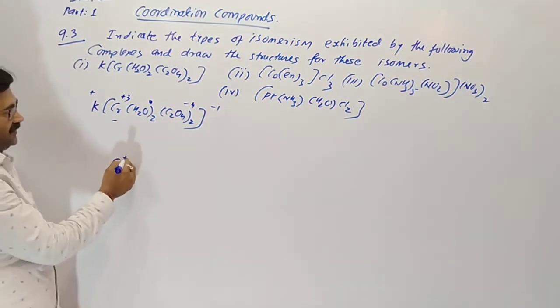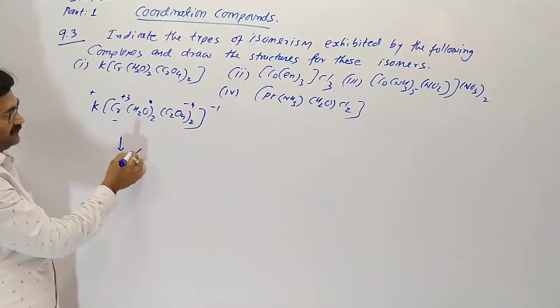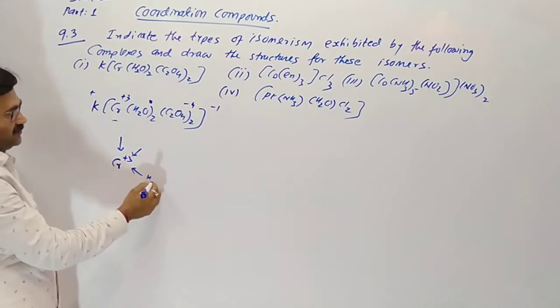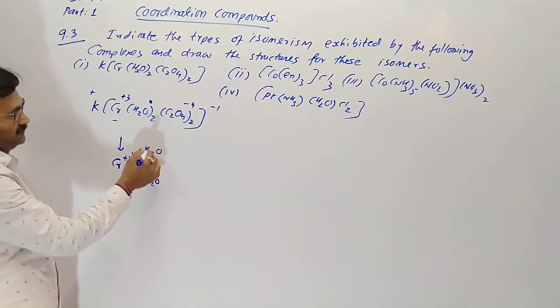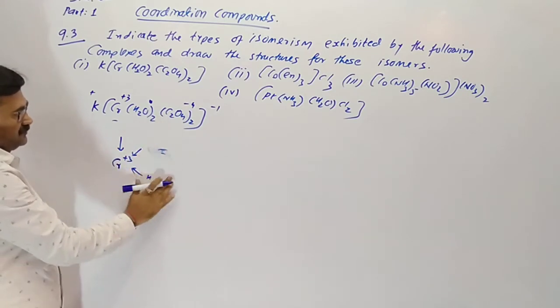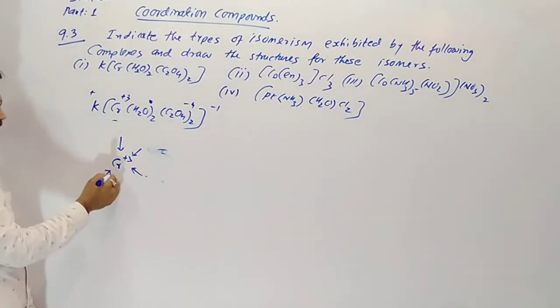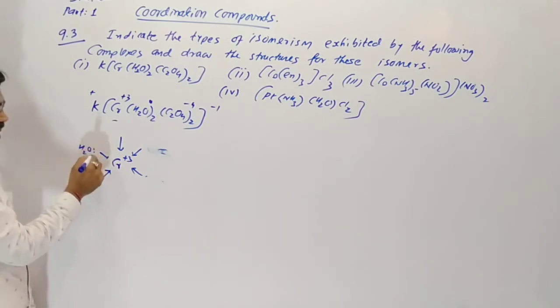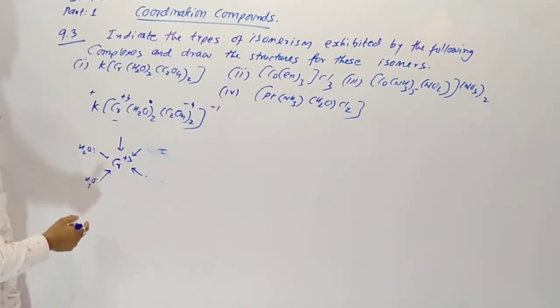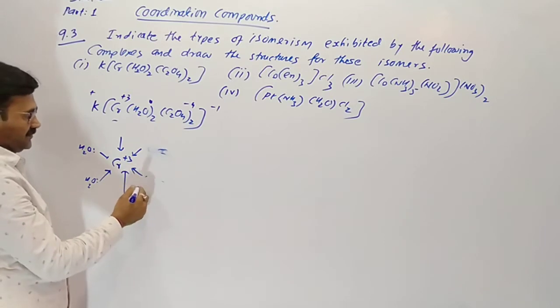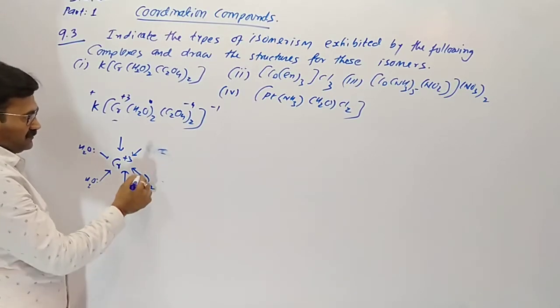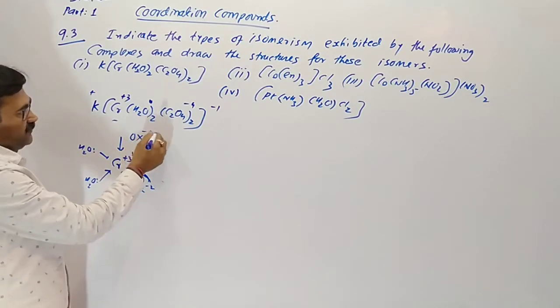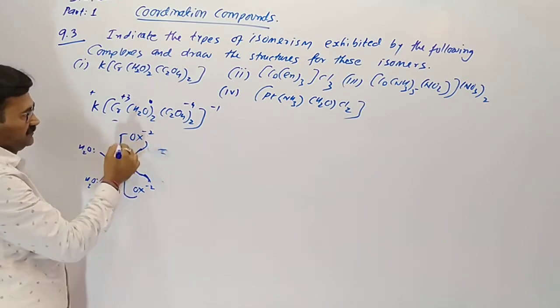Here Cr plus 3 combines with 2 H2O and oxalate. One oxalate forms two bonds.